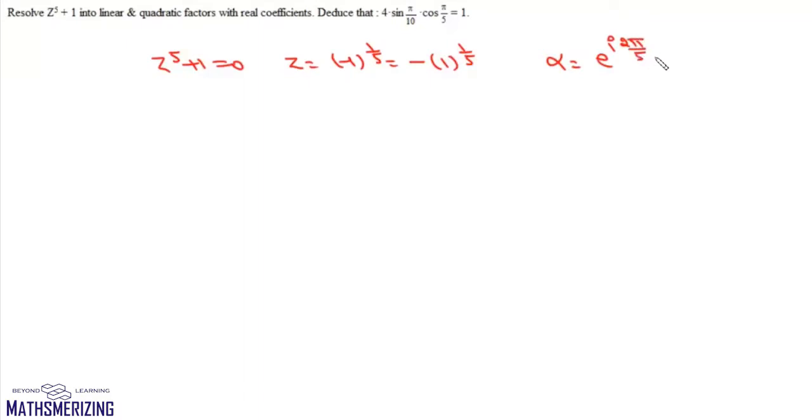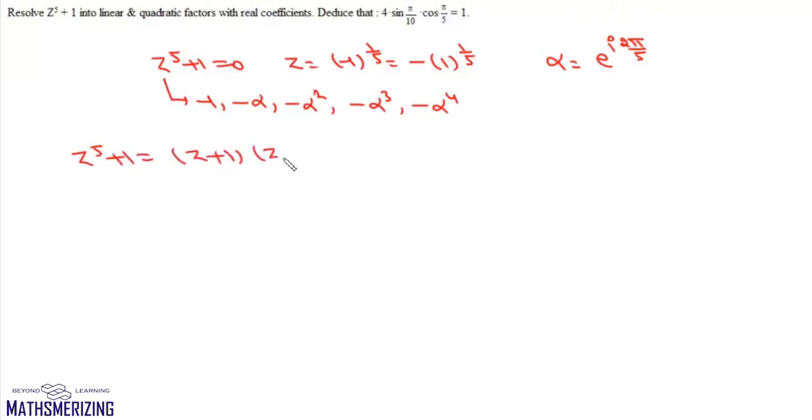Then the 5 roots of z to the power 5 plus 1 are minus 1, minus alpha, minus alpha square, minus alpha cube and minus alpha to the power 4. So we can write z to the power 5 plus 1 as z plus 1, z plus alpha square, z plus alpha cube into z plus alpha to the power 4.